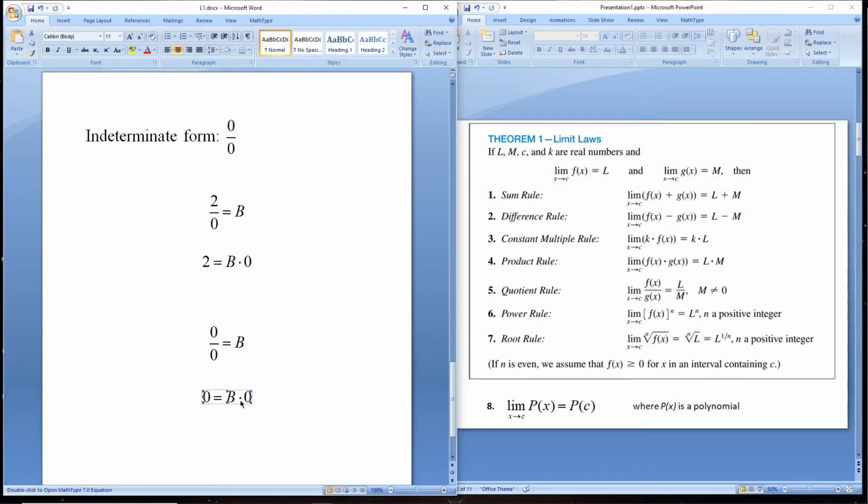And now look at this expression. b times 0 equals 0. Well, that's true. b can now be anything. Anything times 0 is 0. And this is the indeterminate form. The indeterminate form, 0 divided by 0, means the answer could be anything.